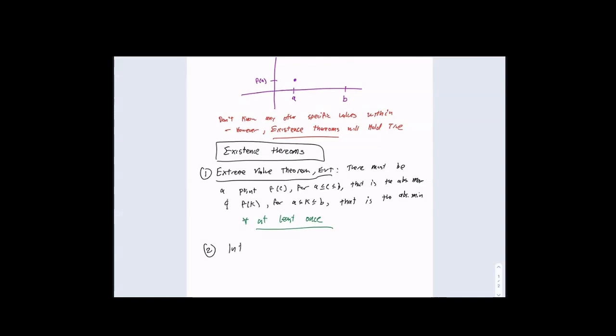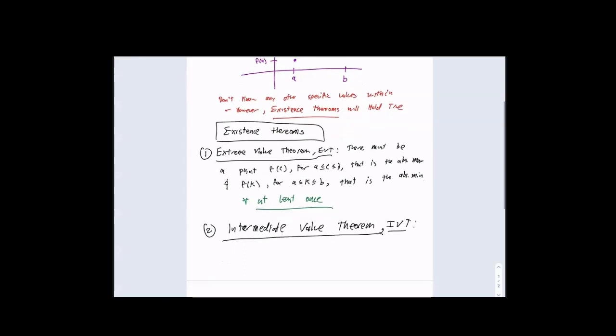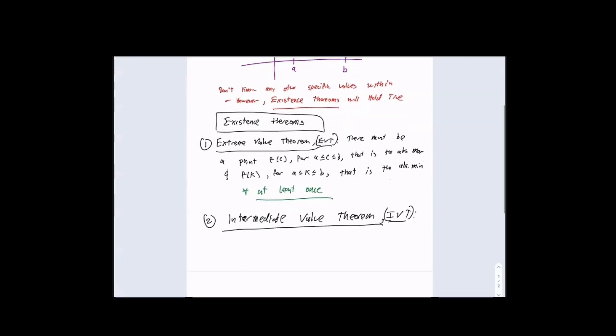It's called the intermediate value theorem, also known as IVT, and I'll get into this a little bit more tomorrow, like I said. So we have EVT and then IVT.